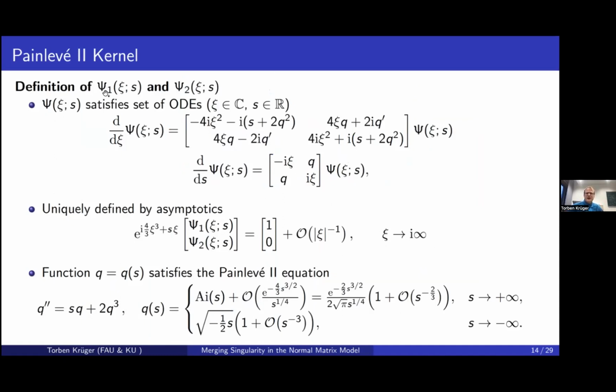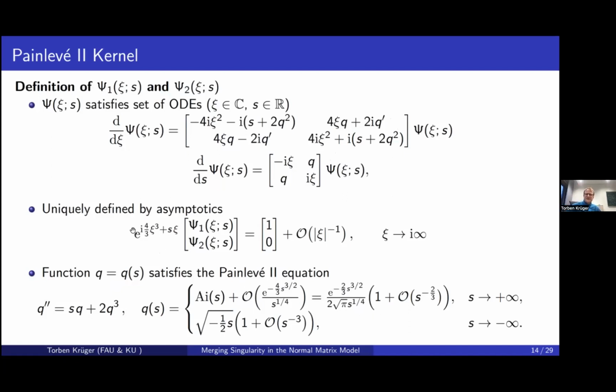There are two functions, psi1 and psi2, that form a two-vector psi, that depends on two parameters, xi, which is a complex number, and s, which is a real number. And this psi vector satisfies two coupled differential equations that are written up here. They have some matrix here multiplying this psi vector and some other matrix here multiplying this psi vector.